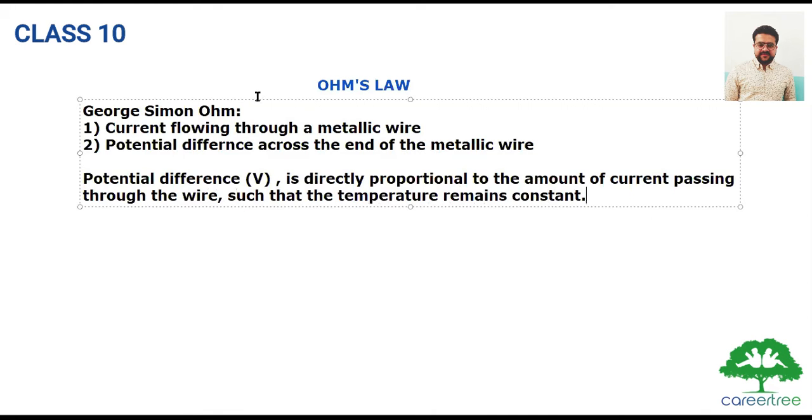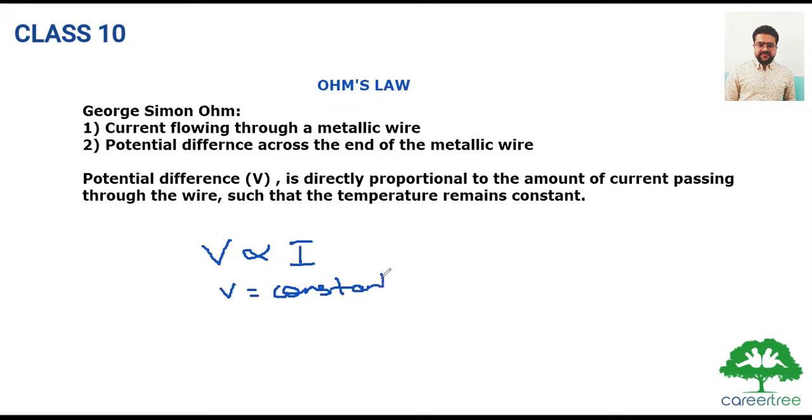Now, when I look at this mathematically, the potential difference V is directly proportional to the current flowing through the conductor. If I remove the proportionality sign, I get a constant multiplied by current I. This constant was denoted by the capital letter R, and this was known as Ohm's law.